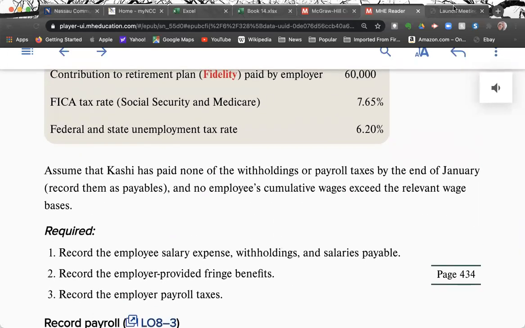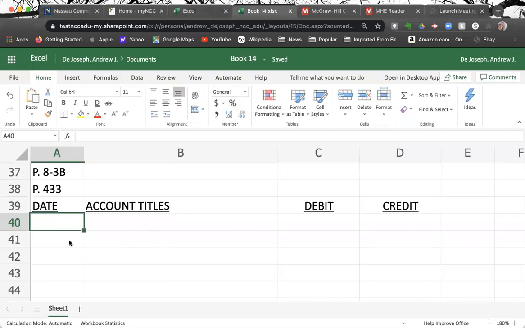Okay, now I'm going to pause. Okay, so we're back now and we're going to take a look at answering the problem. And just to look at it again, on page 833 or 433, Kashi produces healthy foods, right? Assume payroll for the month of January was 500,000.